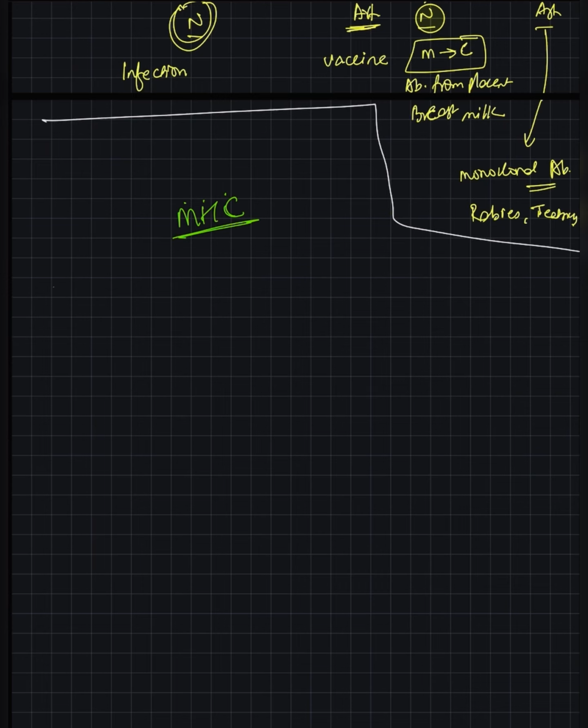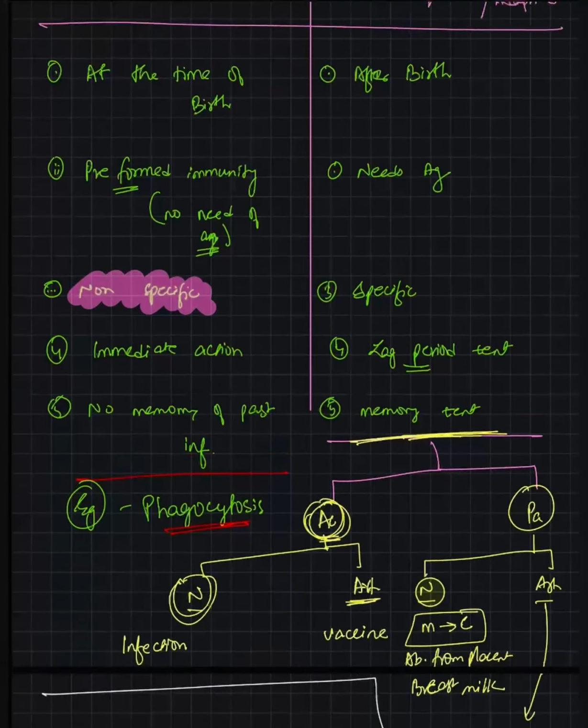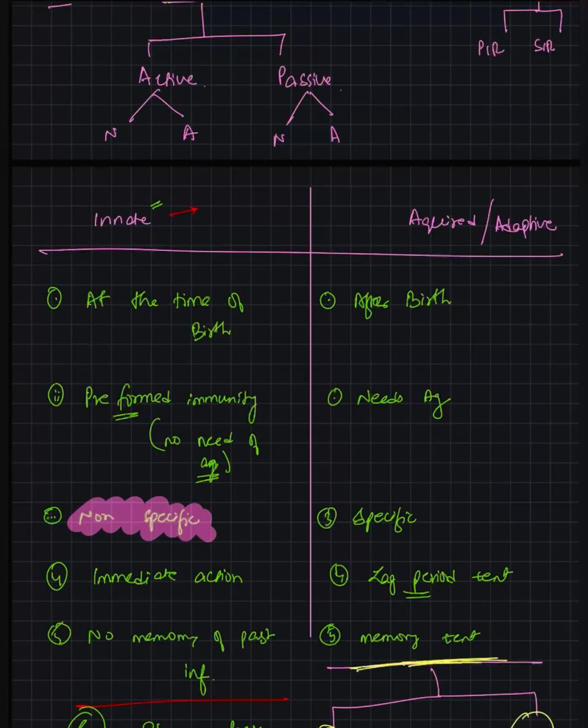first let us see a story. Let us suppose an antigen enters our body. The first thing that our body will do is phagocytosis. Why? Because innate immunity is the first line of defense.